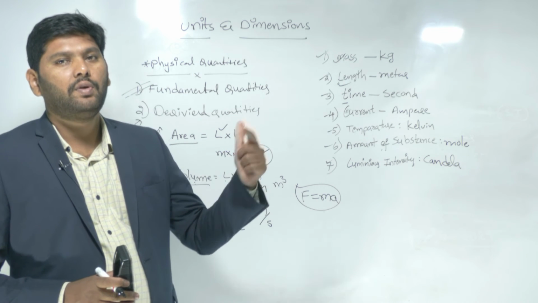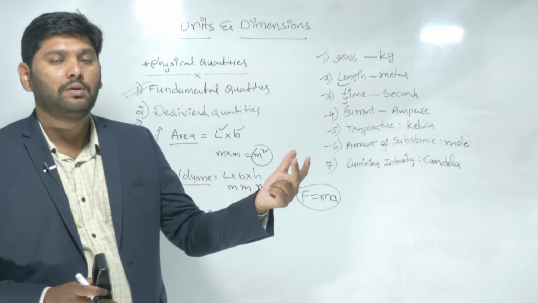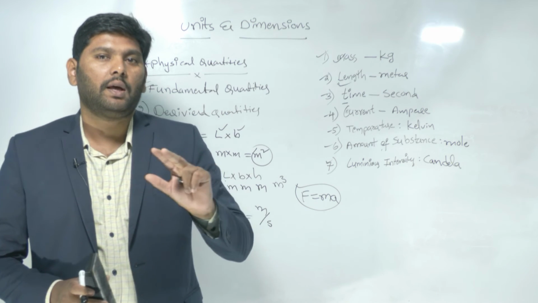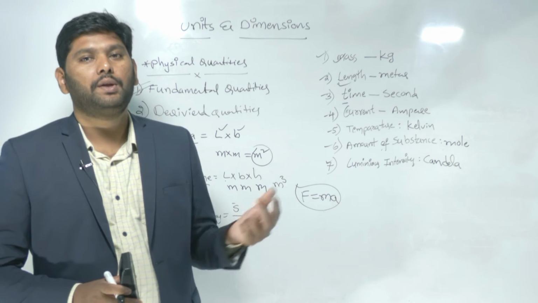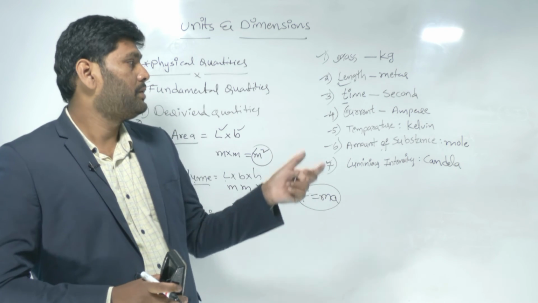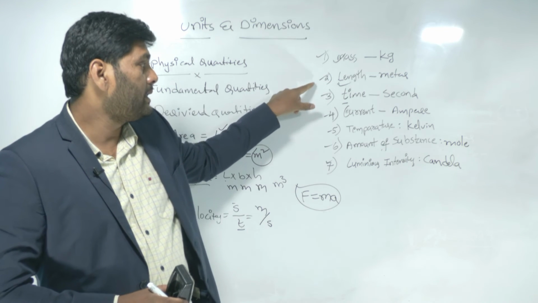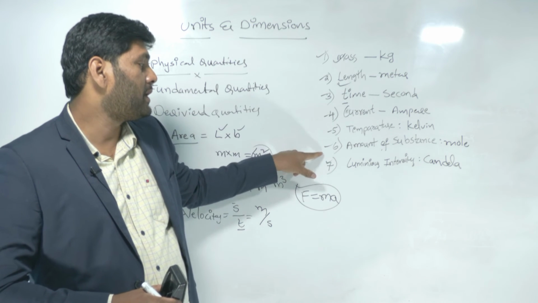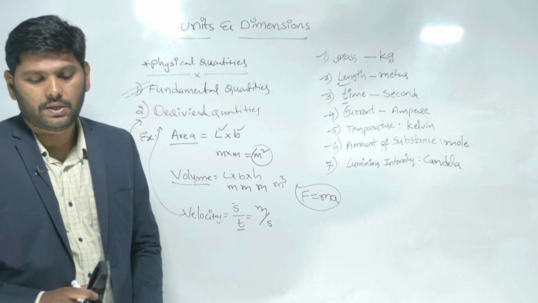In different countries, different systems of units were used, but nowadays they are not using that. All countries are using the same system, that is nothing but SI. According to the SI system, mass, length, time, current, temperature, amount of substance, and luminous intensity are given. Better note it down.